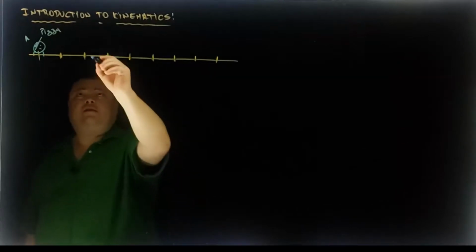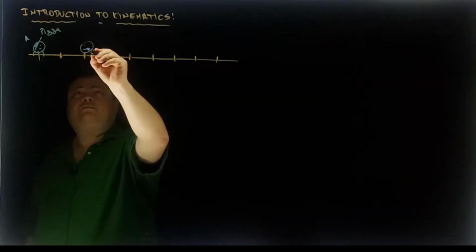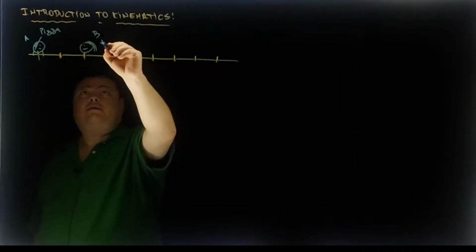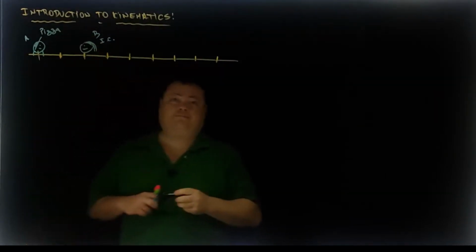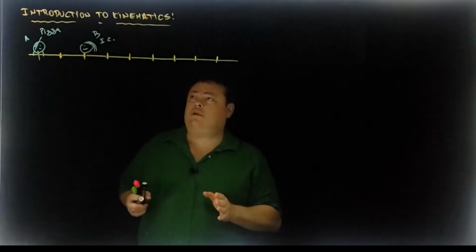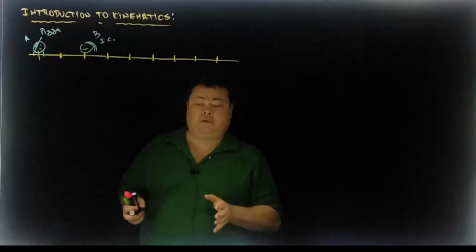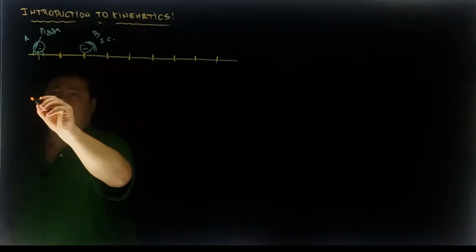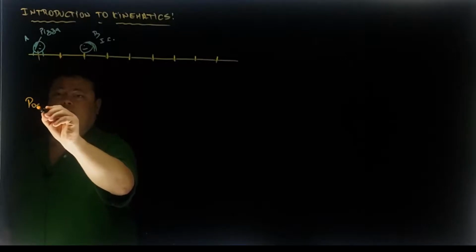And his friend, particle girl, B, is located at an ice cream store, ice cream parlor. And I want now to talk about their positions. So the first thing we're going to talk about in this sense is the definition of position.